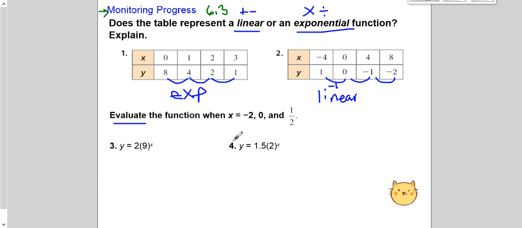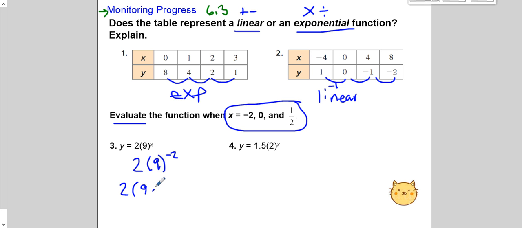Next, 3 and 4. Evaluate the function when x equals -2, 0, and 1/2. Probably just want to get the hang of doing it on a calculator. There's a button. So I would do 2 parentheses 9 up to the -2 power.